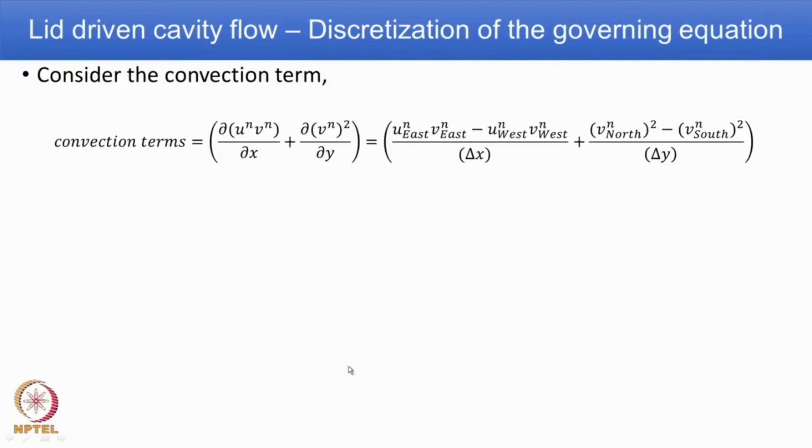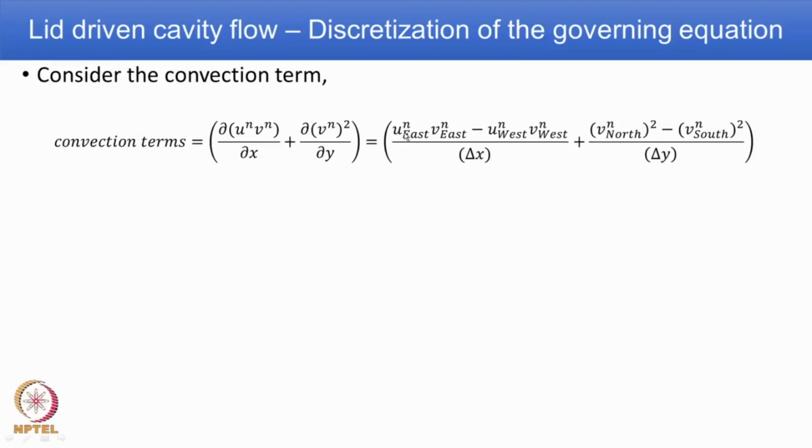So, once we have the diffusion term explained, we will now move on to the convection term. The convection term is rewritten including the u multiplying and v multiplying into the partial derivative. So, it is dou by dou x of u n v n plus dou by dou y of v n squared, and we write it in terms of north, east, west, south.